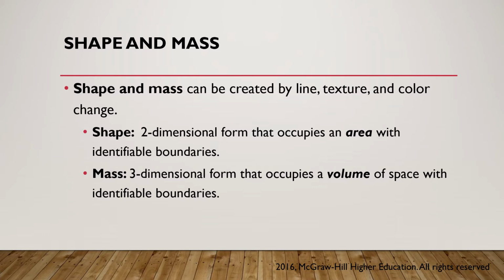So where they use shape and mass, I would say shape and form. But mass, you know what mass is from science class. It's the amount of stuff that's in a certain space. So in that case, yes, we can think of that as a three-dimensional thing.